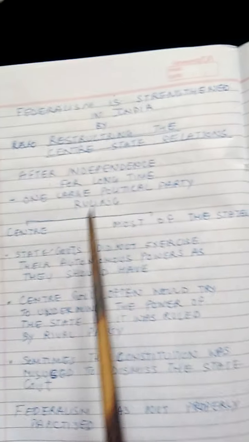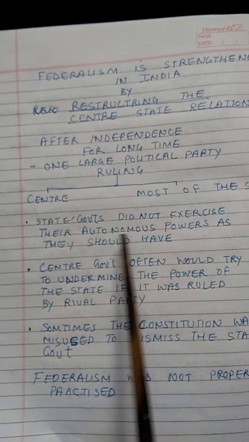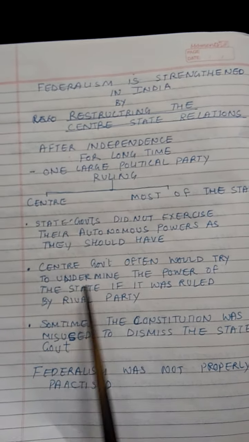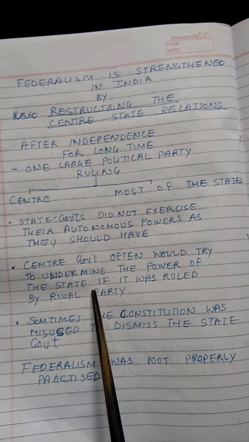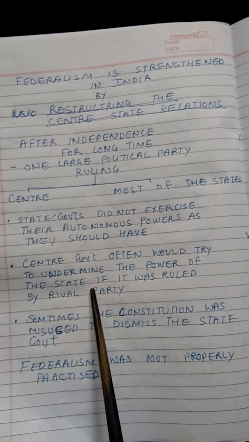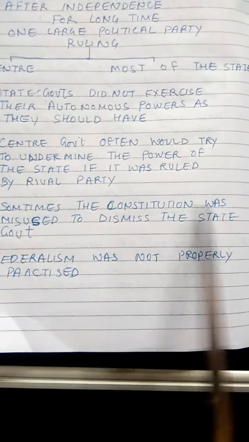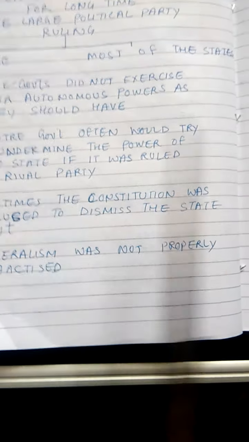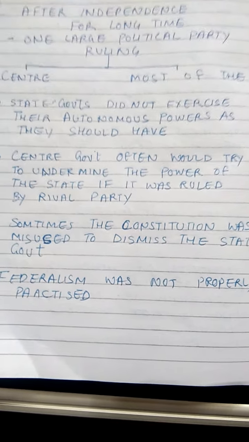And therefore, the state governments did not exercise their autonomous power as they should have. Second, the central government often would try to undermine the power of the state if it was ruled by a rival party. Sometimes the constitution was misused to dismiss the state government. So on the whole, for quite some time, federalism was not properly practiced.